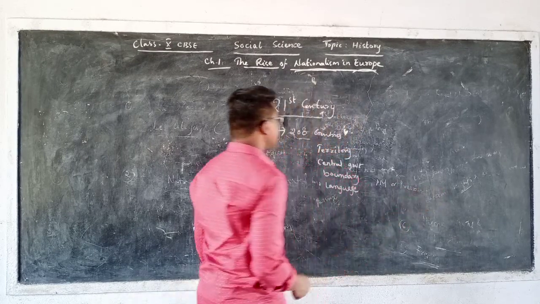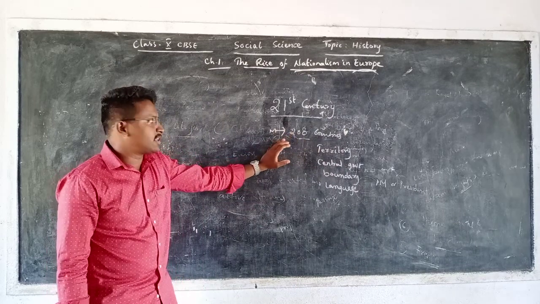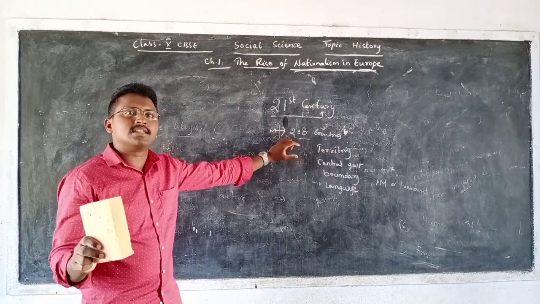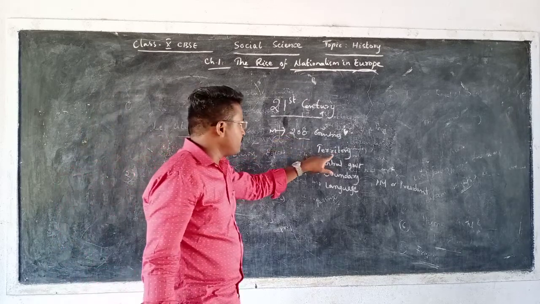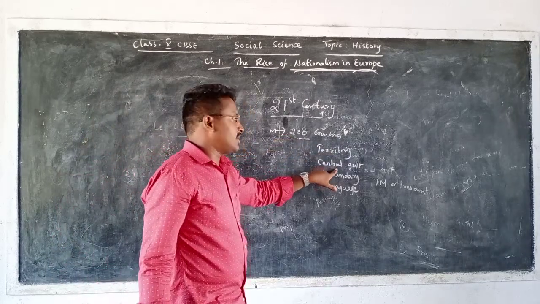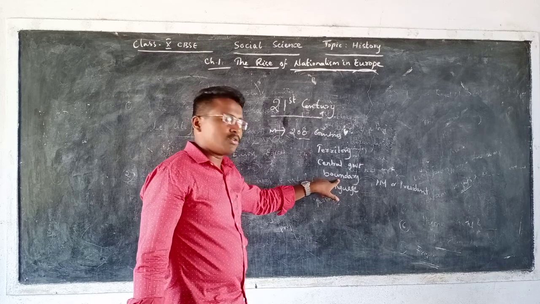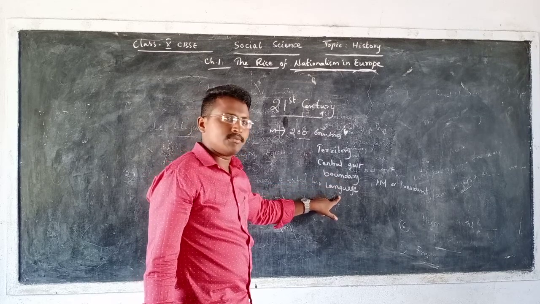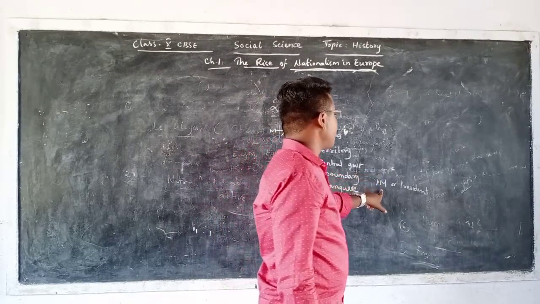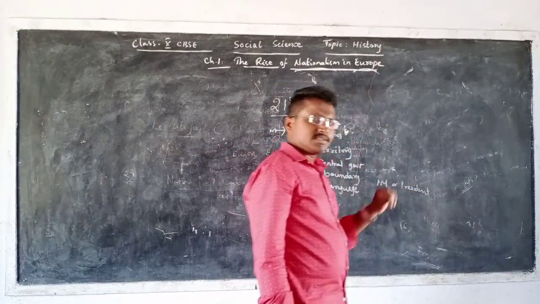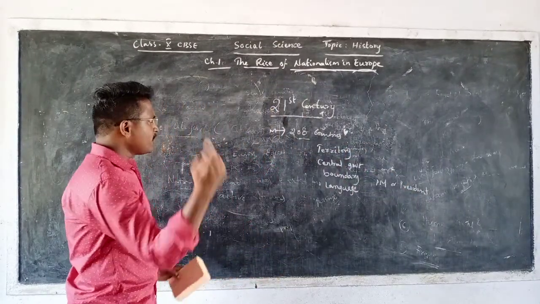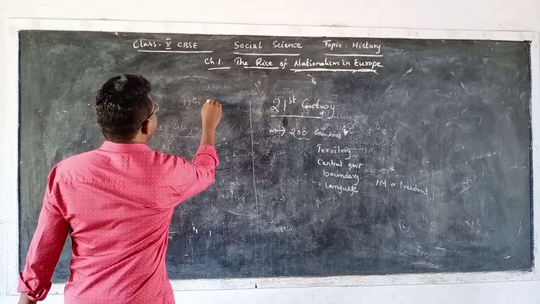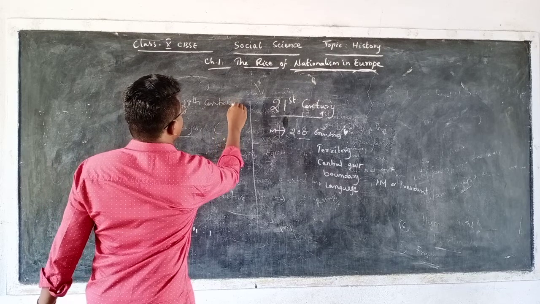So almost all of the more than 200 countries in this 21st century have their own territory, central government, boundaries and language. But let me go back to something like the 18th century.